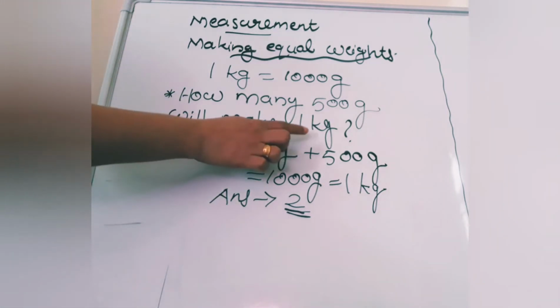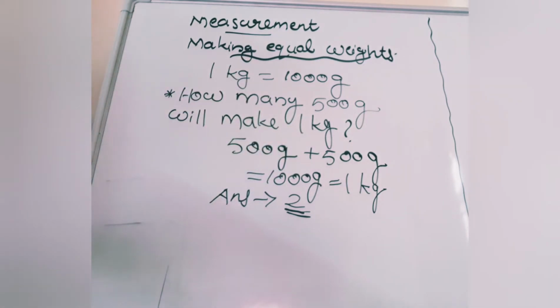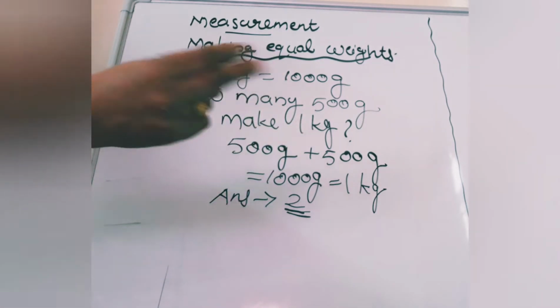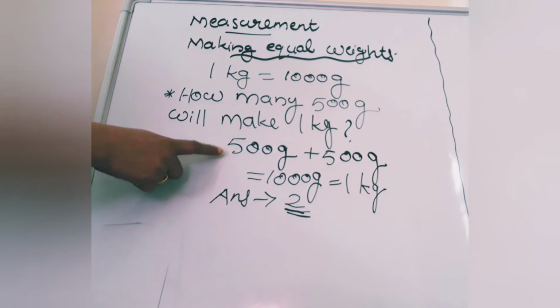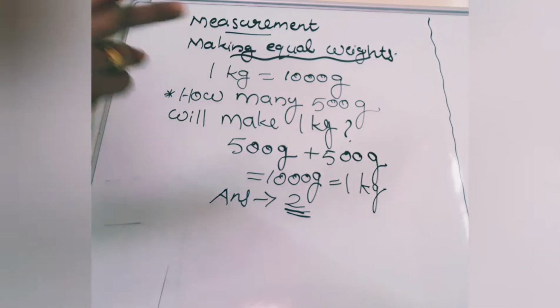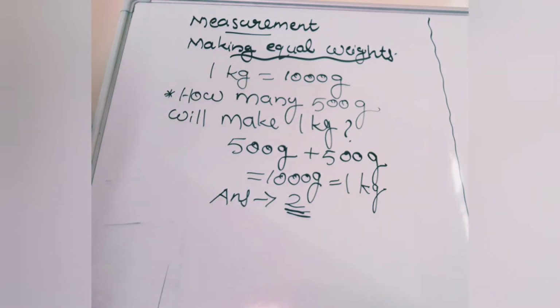Suppose instead of 1 kg, 1000 gram comes, then also the same answer: 2 times 500 gram will make 1 kg. When you get 500 gram you have to take one more 500, that means 2 times 500. 500 plus 500 is 1000 gram. You can keep in your mind: 2 times 500 gram is equal to 1000 gram or 1 kg.